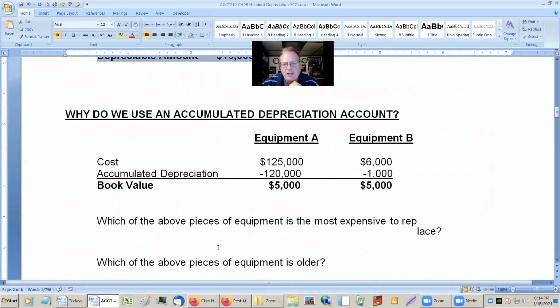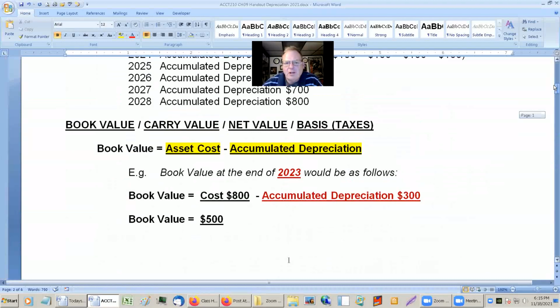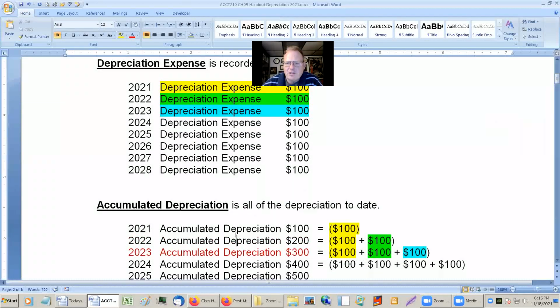Okay, and this is one I talked about before. I'm positive I did. I think I used the same numbers even. Why do we use an accumulated depreciation account? It's because of this. It's very reasonable for someone to say, well, why don't we just look, when you expense something, forget about this accumulated depreciation account. It's a pain.